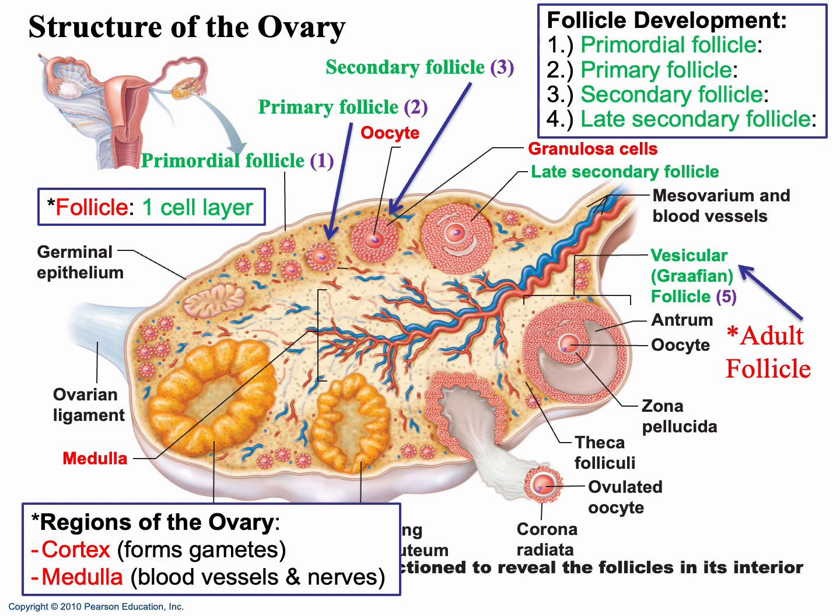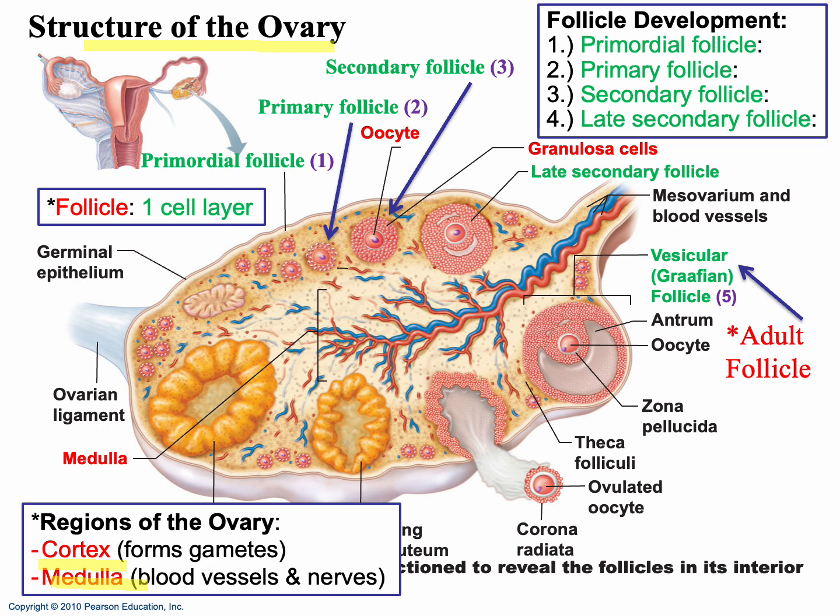All right, next we're going to take a look at the structure of the ovary. Down here is a pretty large picture of the ovary. There are two major regions to the ovary: the cortex and the medulla.